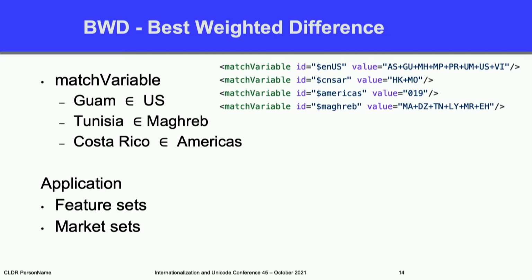Then for Arabic, there's a large group for the Maghreb. In the United Nations codes, there is no region code for Middle East. There's region codes for Western Asia, there's region codes for North Africa, but there's nothing for Middle East. So what CLDR did is they built one called Maghreb, which includes most of the North Africa and a little bit up around the loop.